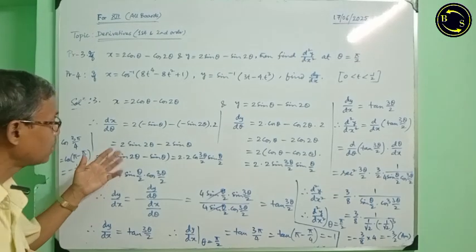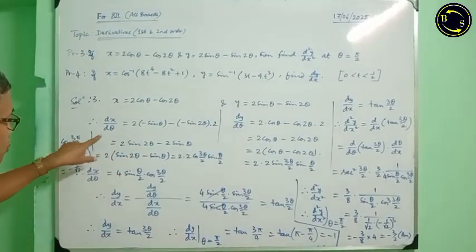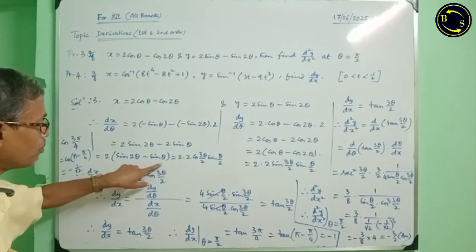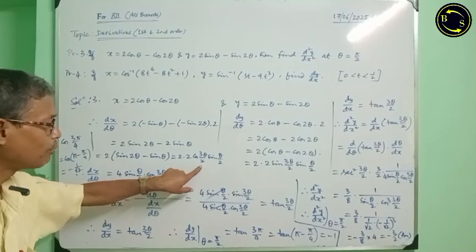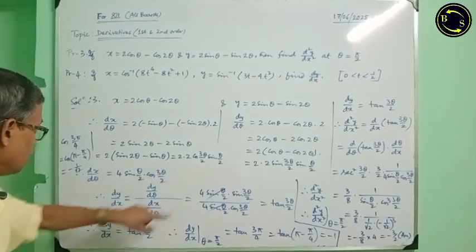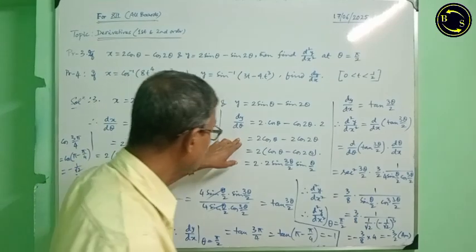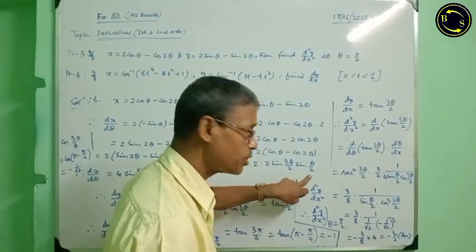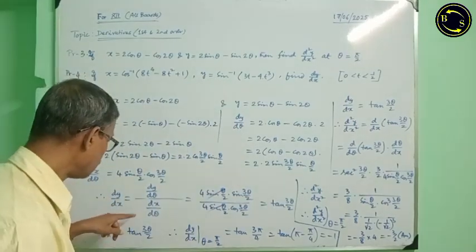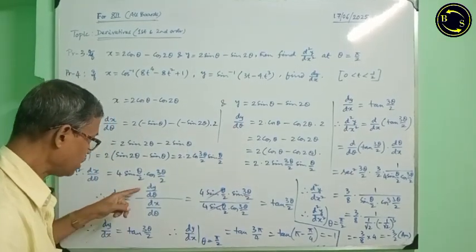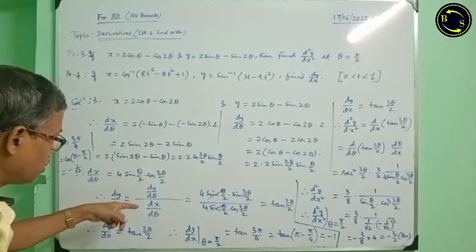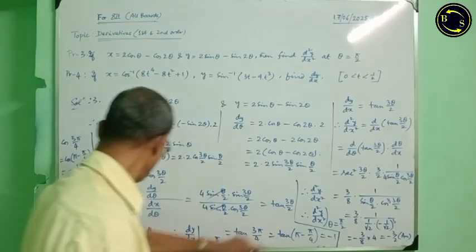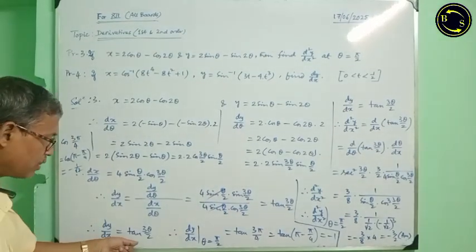A bit complicated. First of all, we have found dx d theta and keep the result in this form so that we can apply transformation formula. Then dy d theta. After getting this form, applied transformation formula, then we have got dy dx. Applying the formula dy d theta divided by dx d theta, on simplification it is tan 3 theta by 2.